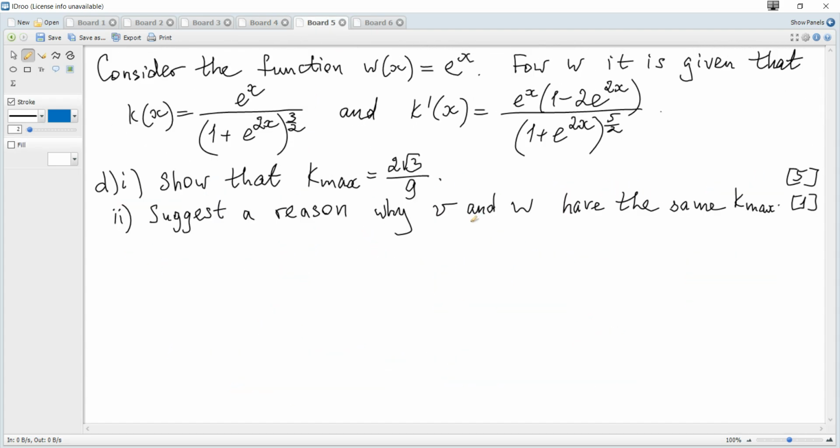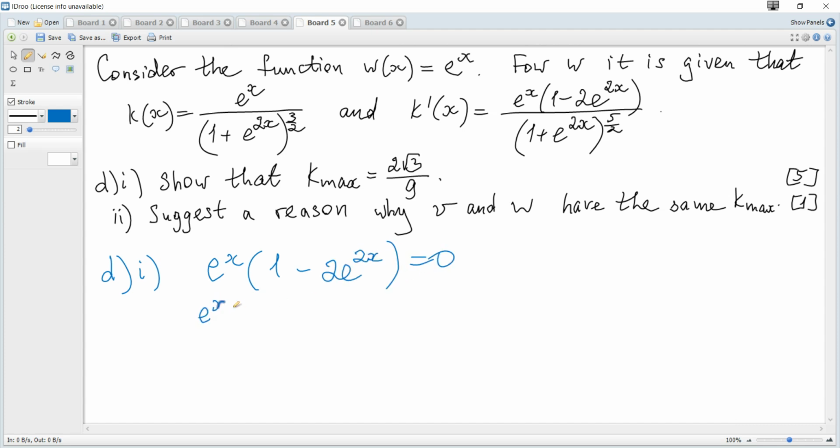Next, consider the function w of x is e to the power of x. It is given that k of x and the derivative of k, and absolutely the same, show that k max is. So again, the maximum value of a function arises when the derivative is 0. So e to the x times 1 minus 2 times e to 2x is 0.